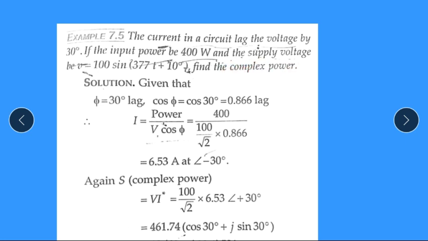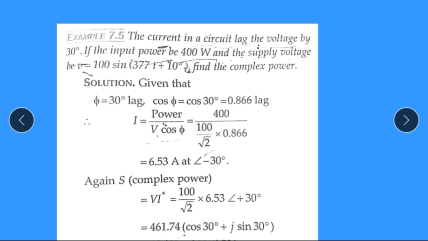In the given question, power input is 400 watts, the angle between voltage and current is 30 degrees, and the equation of voltage is 100 sin 377t plus 10 degrees. So we have to find the complex power.